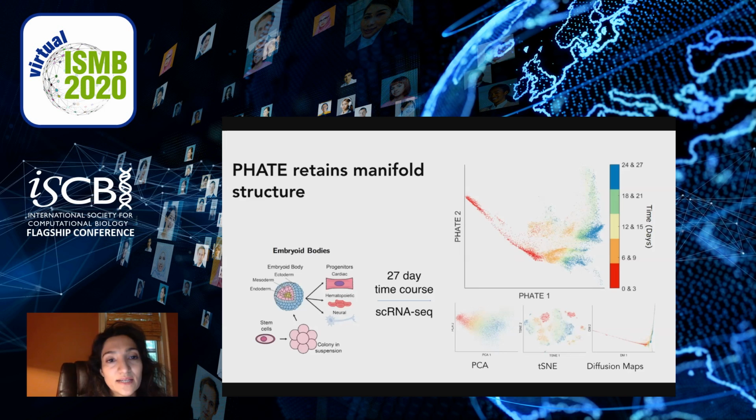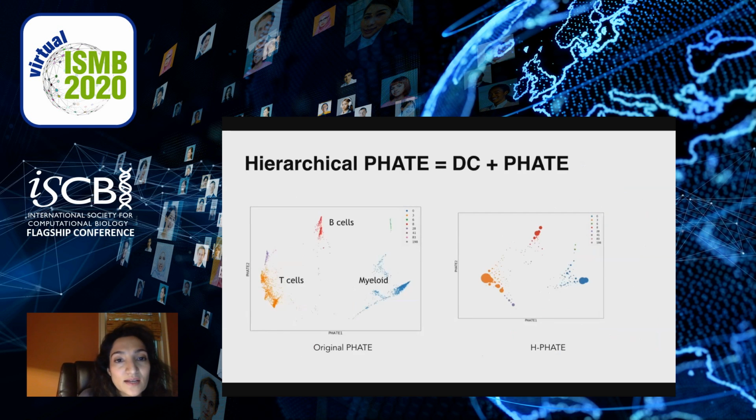So FATE also has diffusion maps inside its engine, but what it does is, unlike a diffusion map, which puts different trajectories in different dimensions, it collects all that information nicely into 2 dimensions. And in the FATE paper, we showed it on this embryoid body data set, that it shows the differentiation structure going from the red human embryonic stem cells out to these various lineages. And FATE's the only one that shows the branching structure very, very clearly.